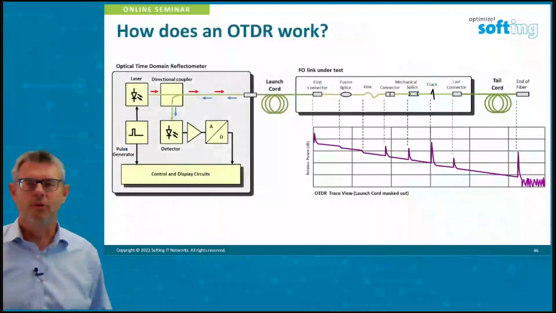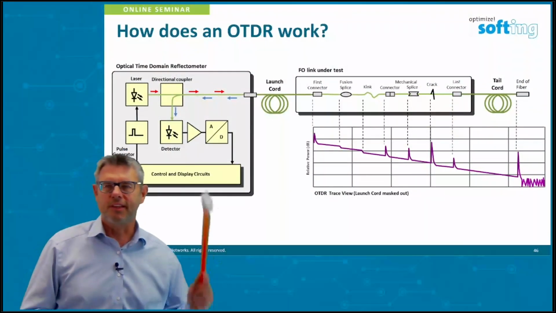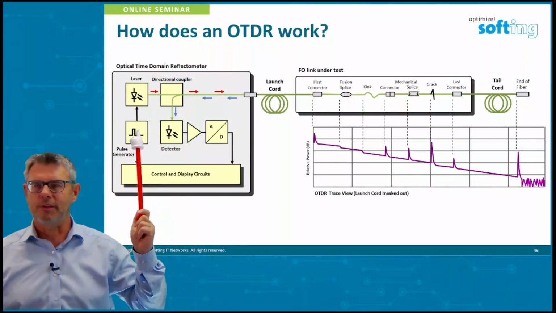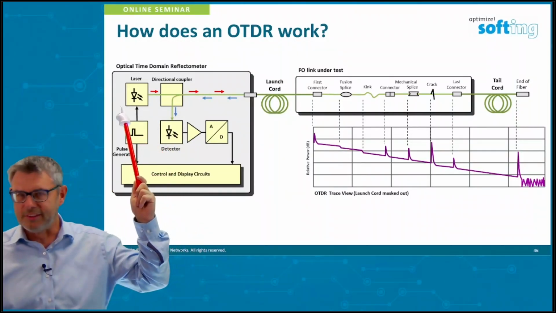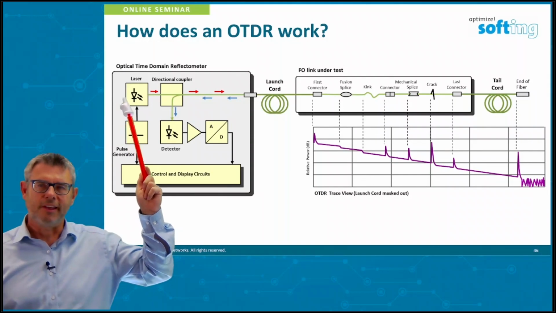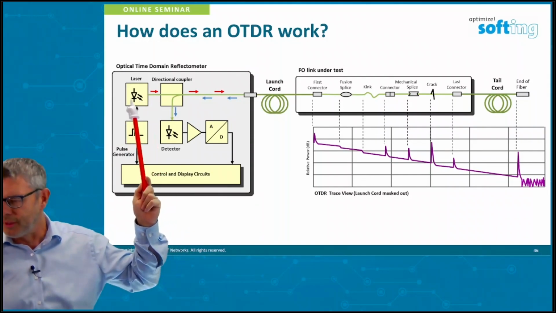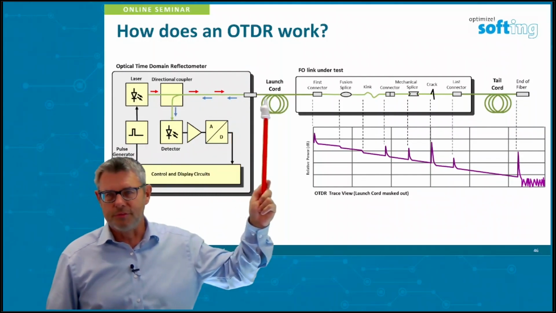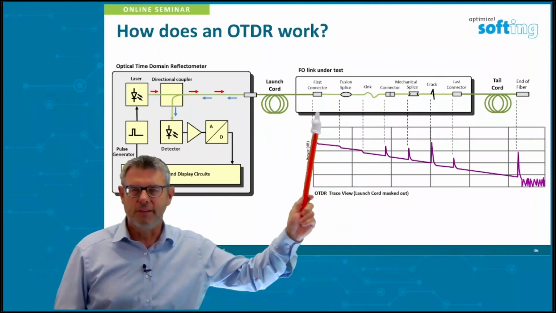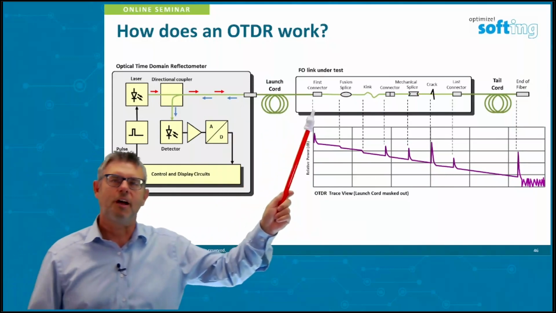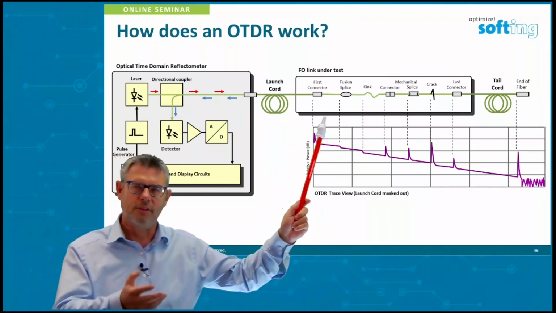How does an OTDR work, actually? The OTDR is sending out pulses. There's a pulse generator built in that is triggering an LED, a laser diode, let's say, and sending out pulses through this directional coupler into the fiber optic cable under test. This is the fiber optic cable under test. And this fiber optic cable under test is answering with reflections.